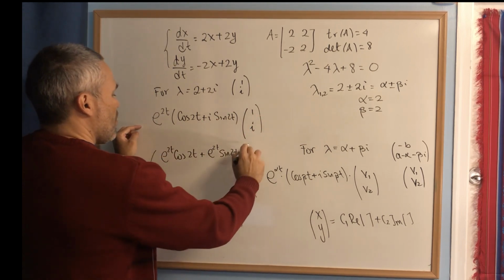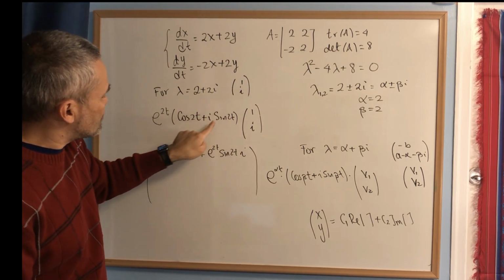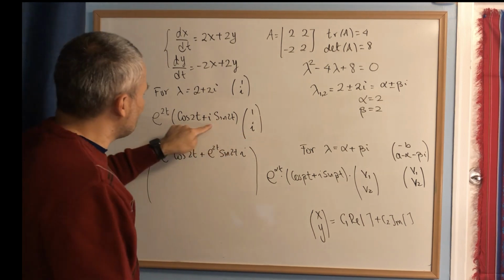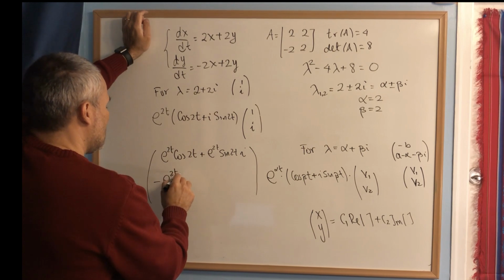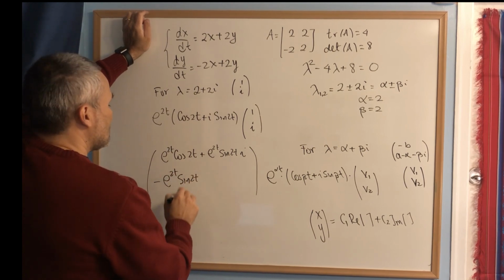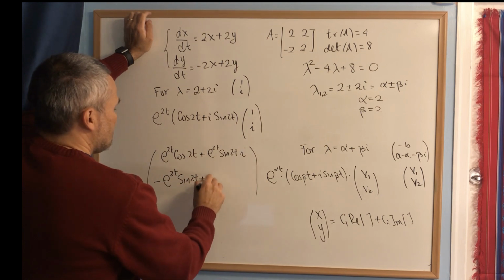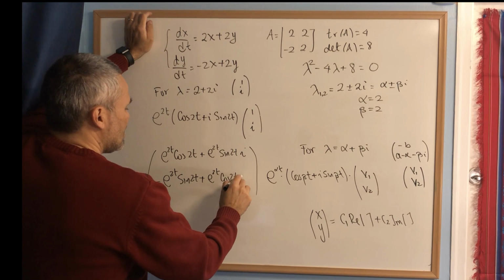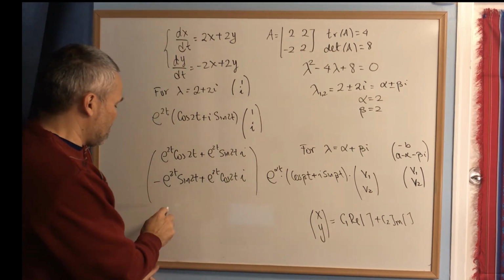Now, when I multiply this by this, notice that i times i is -1. Then this term here is negative e to the 2t sine of 2t, and then when you multiply this, plus e to the 2t cosine of 2t i. What is the real part and the imaginary part?